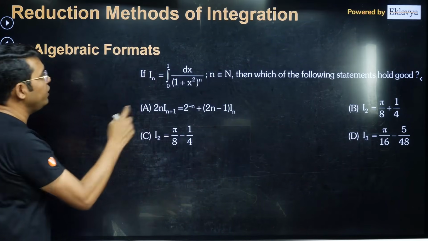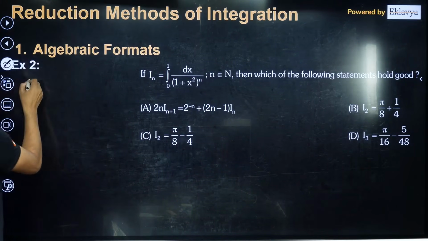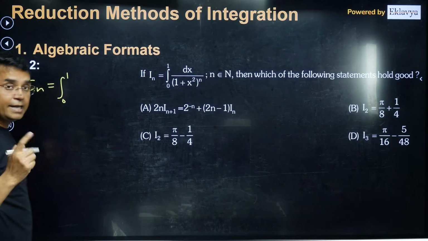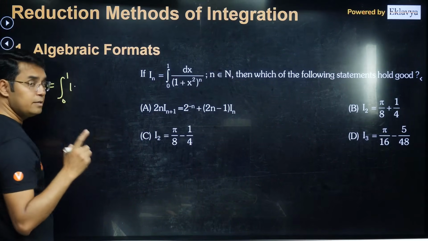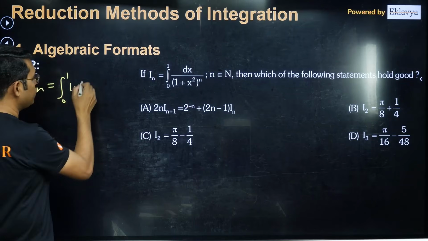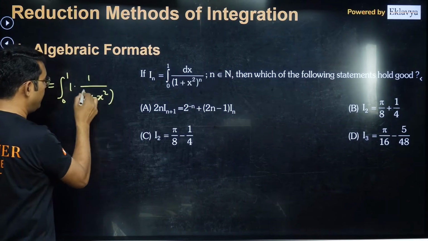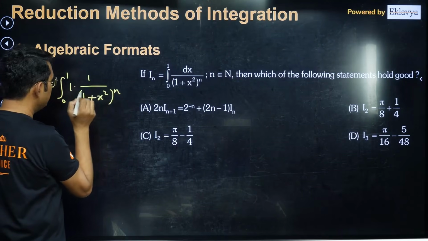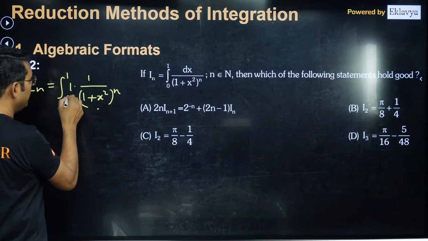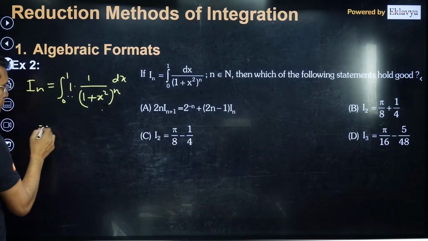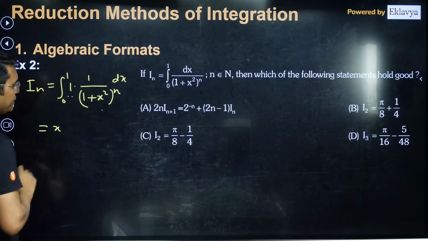But let's see how we can do it. In this method also, it will be done with the help of integration by parts. I can take 1 as the second function, and 1 upon (1 plus x square) whole power n as the first function. Then the integration of 1 is x.